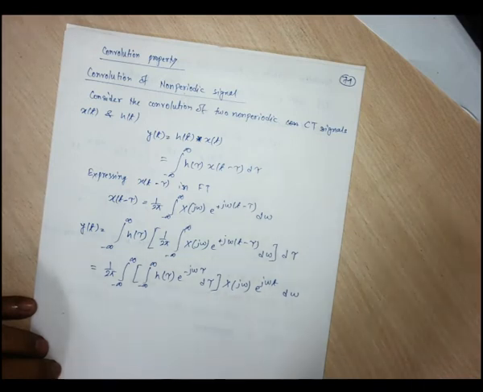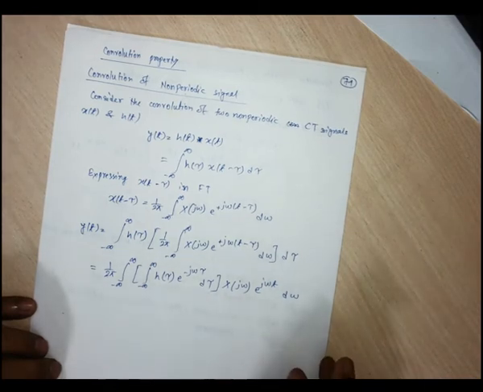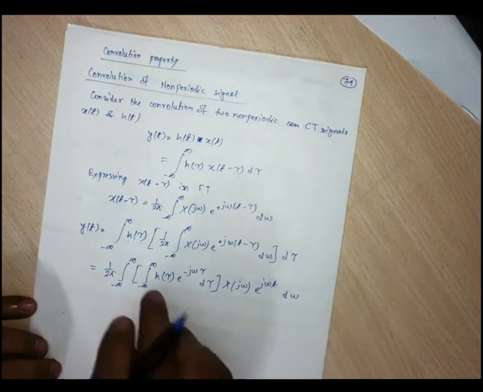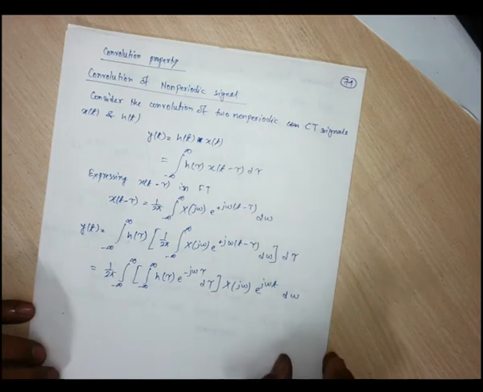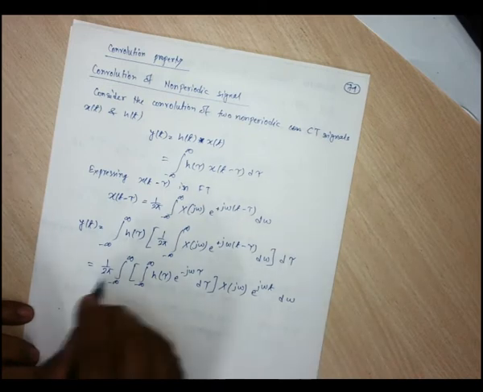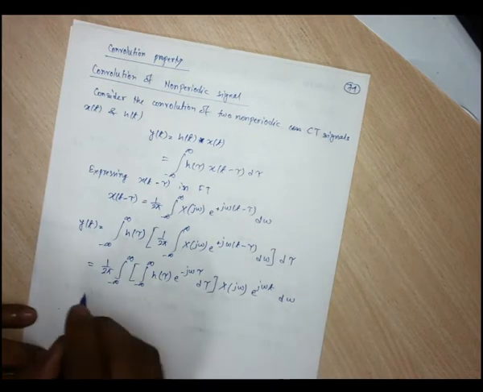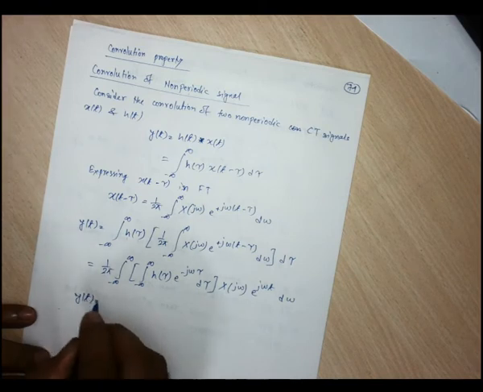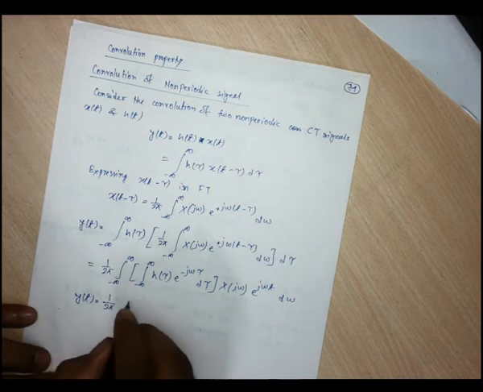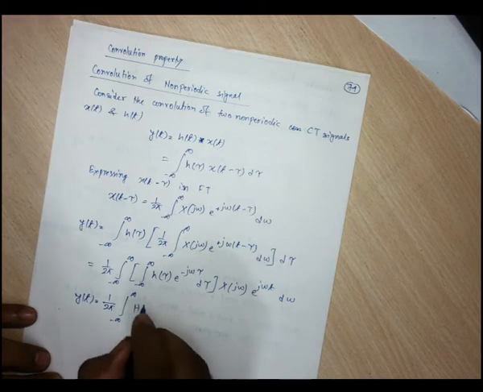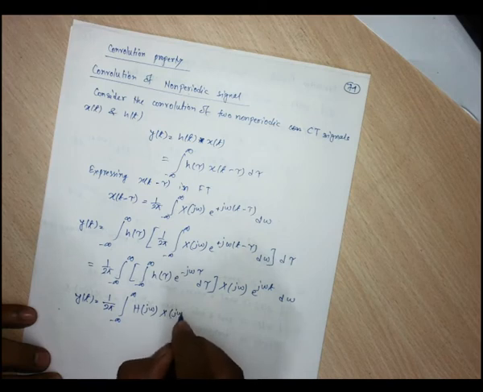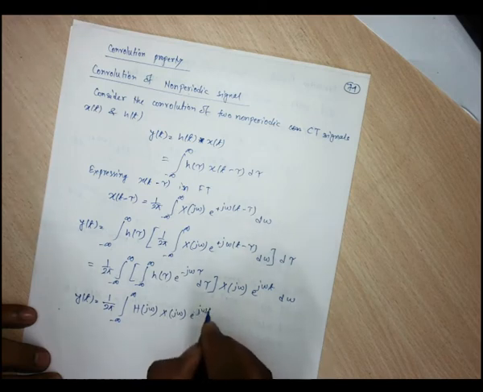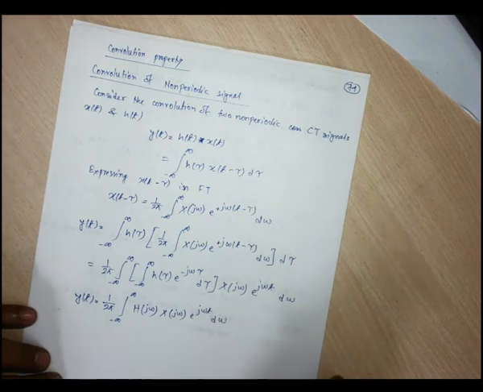It is h of j omega, right? It is the Fourier transform of h of tau. So we can say y of t is 1 by 2 pi integral from minus infinity to infinity of h of j omega x of j omega e to the power j omega t d omega, right?